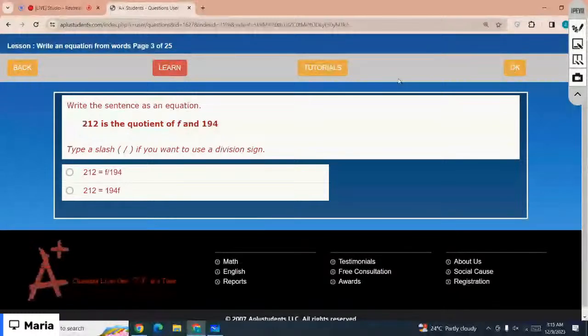Okay, the next one is the total of k and 229 equals 78. Which is the correct option?